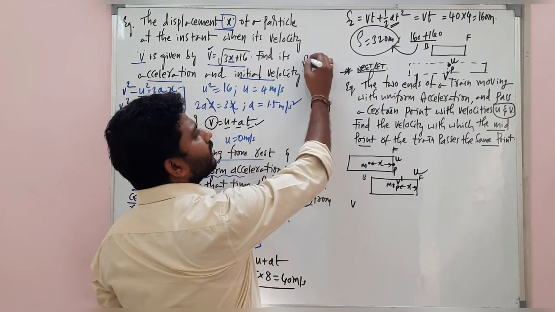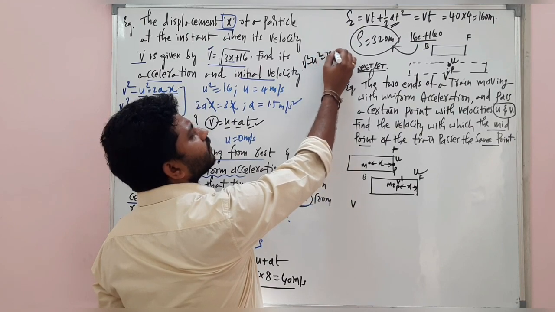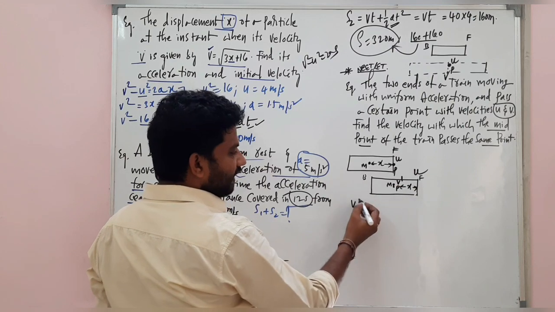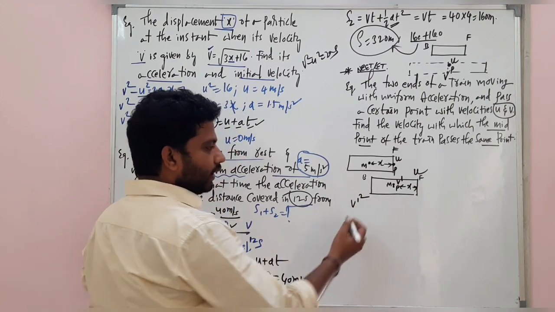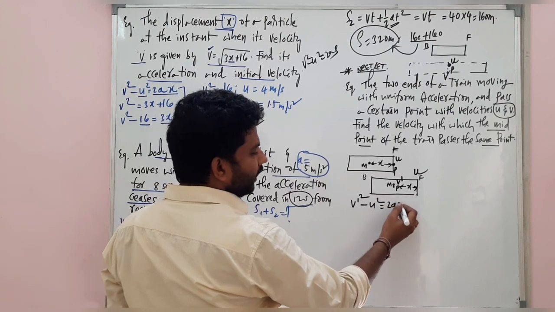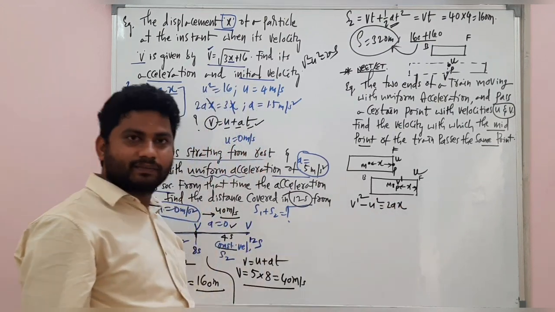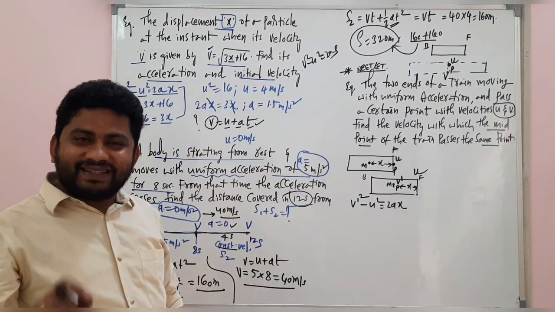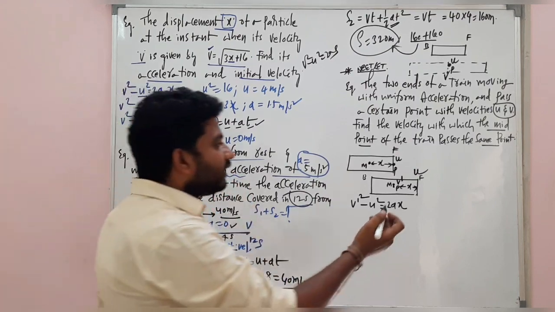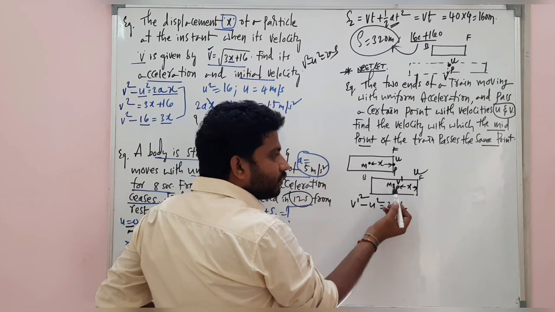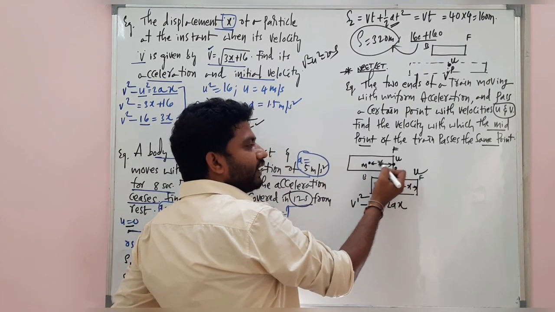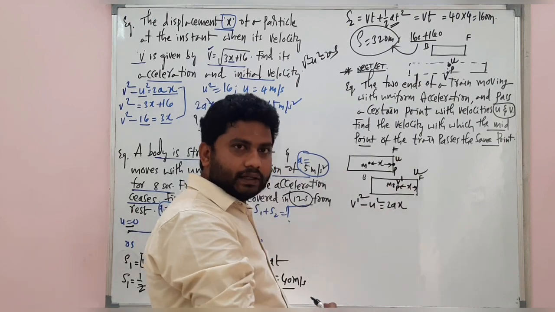Let us use the formula v square minus u square is equal to 2as. So what is the final velocity here? v dash square minus u square is equal to 2a into x. This is the final velocity and initial velocity. I am talking about only from here to here, that means the midpoint and the front end of the train.